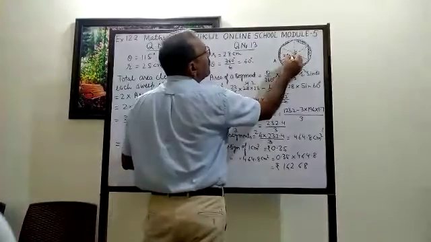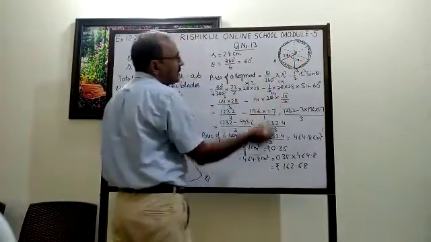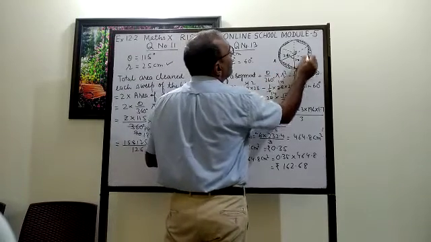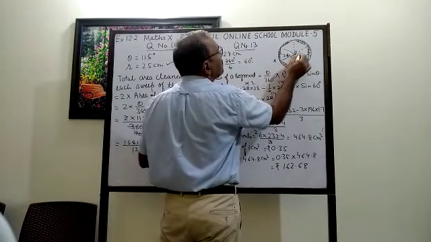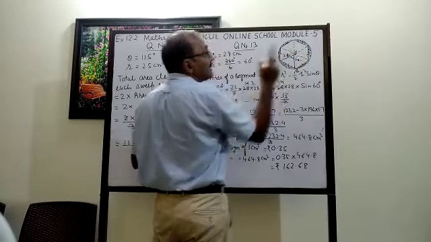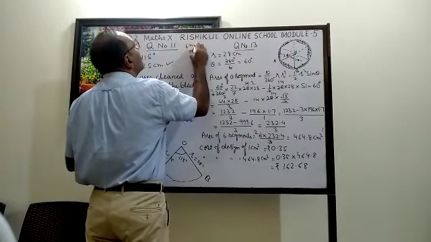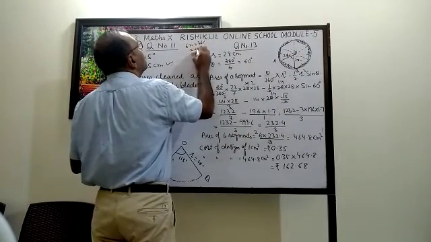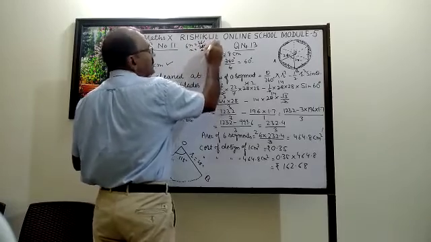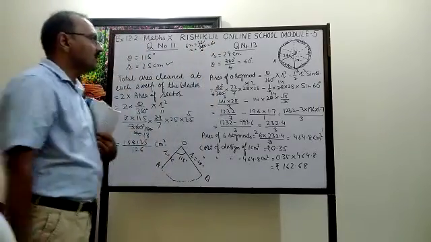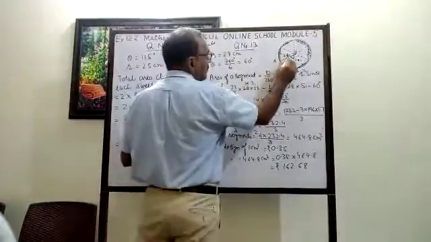This theta will be, because equal chords subtend equal angle at the center, x plus x plus x plus x plus x plus x, 6x equal to 360, or x is equal to 360 upon 6, 60 degree. So angle AOB theta equal to 60 degree.